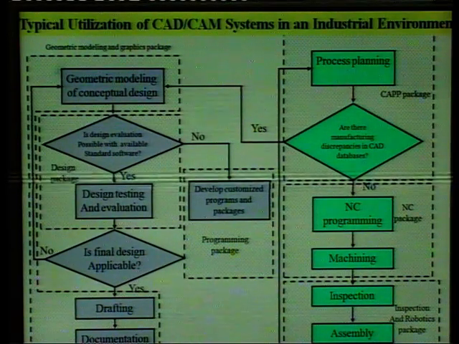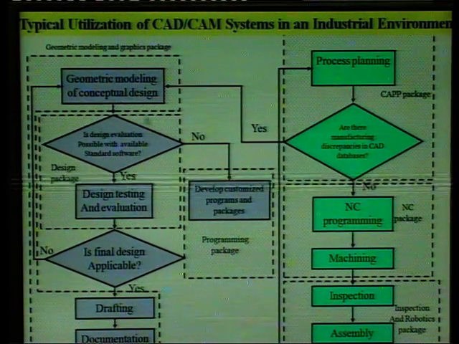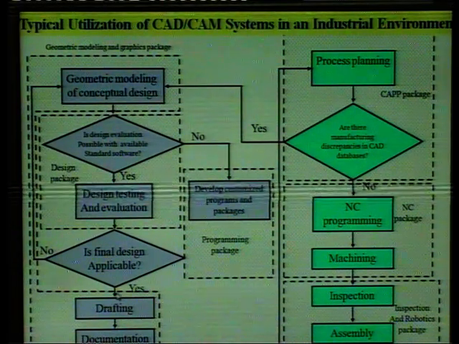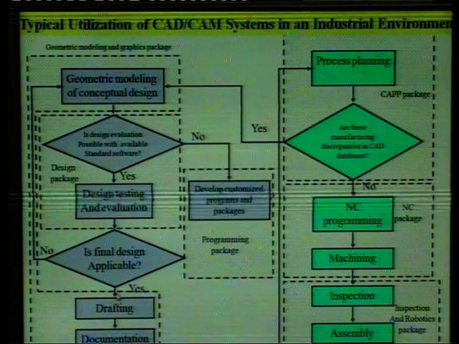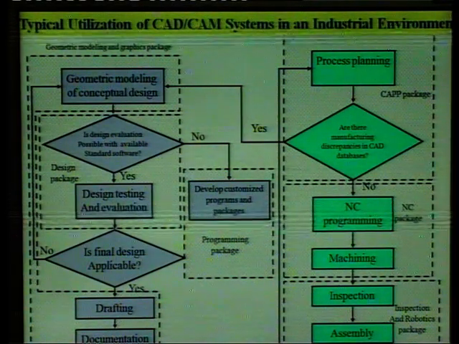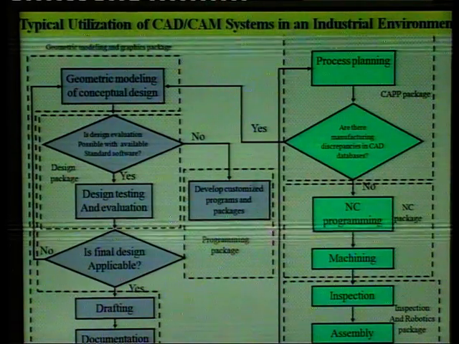This process is repeated until we get an optimal design, and ultimately when we get an acceptable optimal design, we do its drafting and documentation, which is sent to the manufacturer.